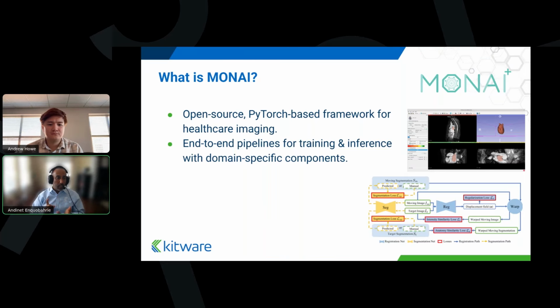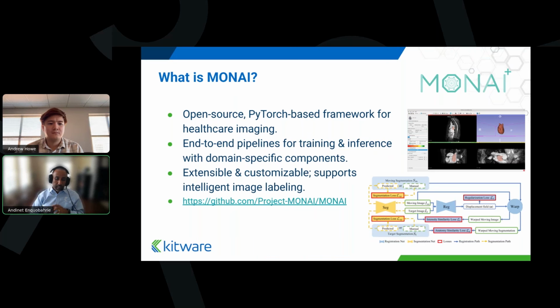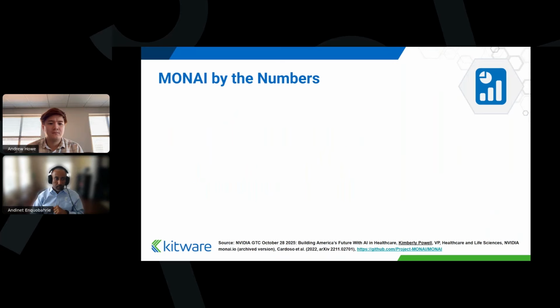You could do data loading, you could do augmentation of your data, you could do model training, inference, deployment, and all different types of models. So it's purpose built for medical imaging. It has all these customized components that make it very useful for medical imaging. And again, it's open source. You can check out the project on GitHub.